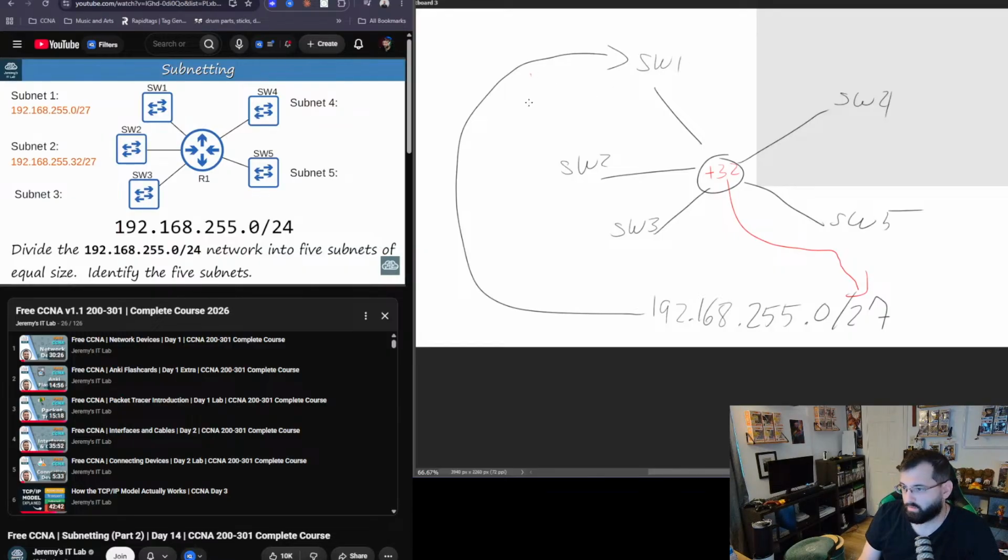So that means that this is going to be 192. Well, you know what? I don't need to put all the other stuff. I just need the last octet. I just don't want to make the same mistake that I made last time. So 0 plus 32 is 32. Okay, 32.